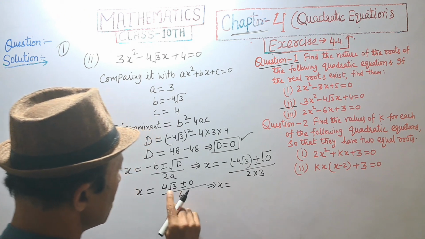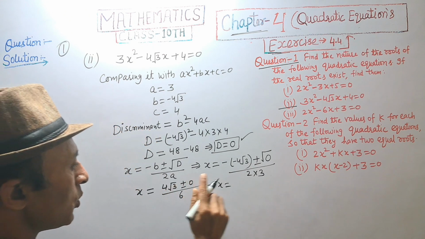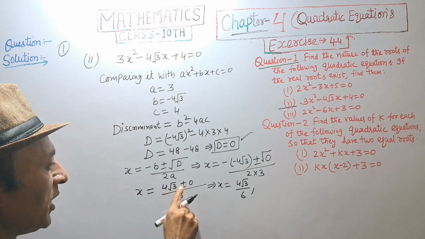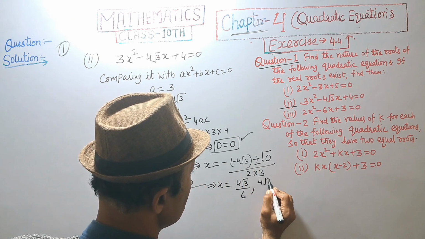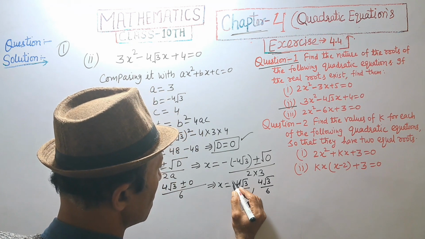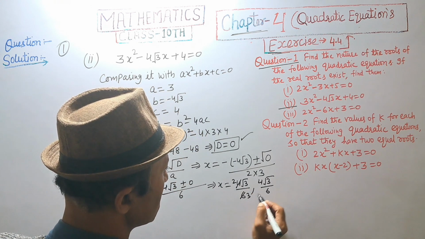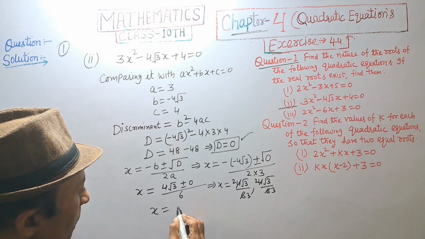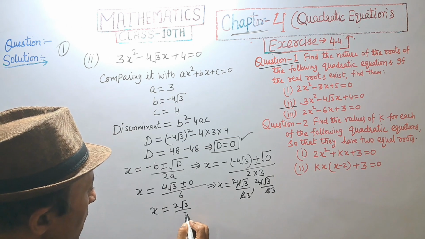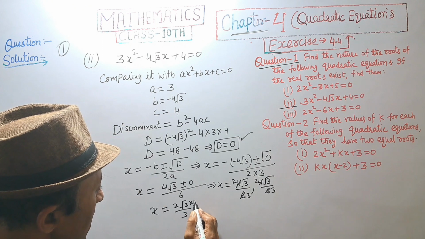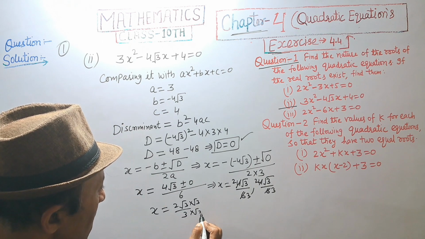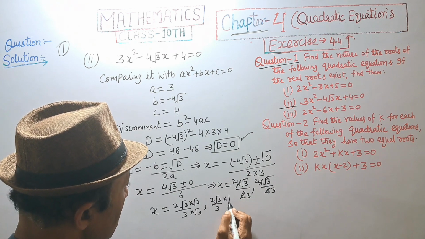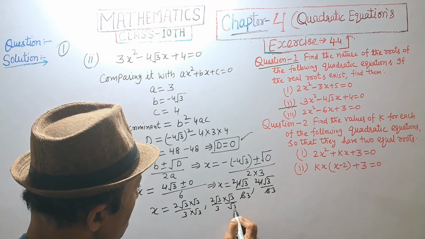This implies x equal to 4 root 3 plus 0, that is 4 root 3 divided by 6, and 4 root 3 minus 0, that is also 4 root 3 divided by 6, and 2 2s are 4, 2 3s are 6. x is equal to 2 root 3 upon 3, and we are rationalizing this with root 3.